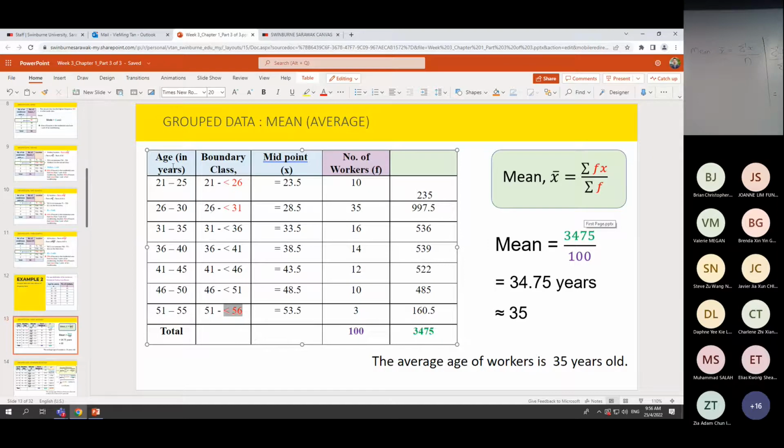The title is also called age, this is also the age class, but now it's in boundary form. This is also the X. Adjust first, so that there is no gap in between two classes. That is the first step.